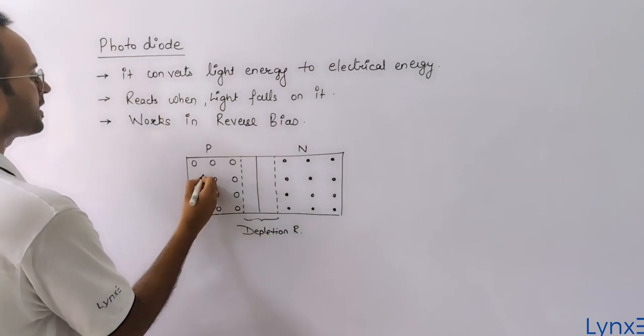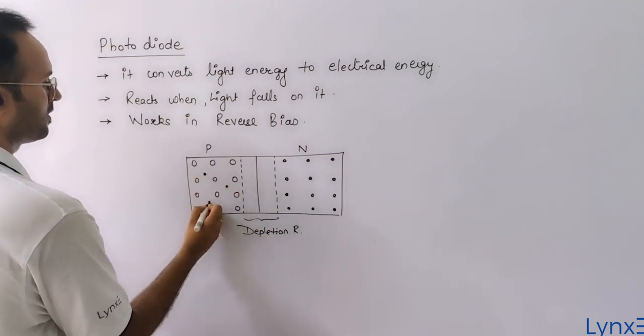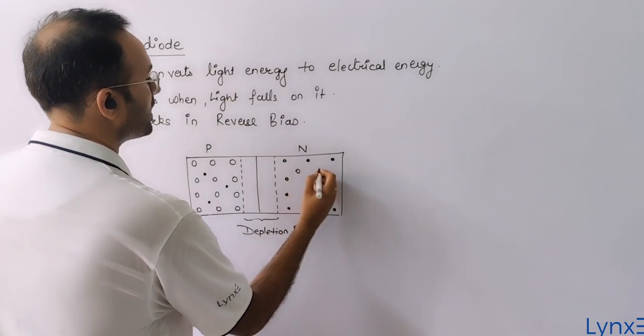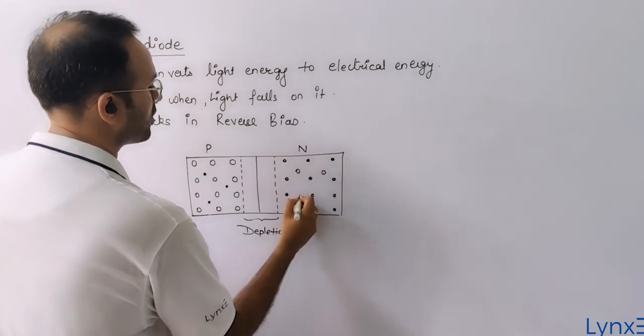The minority carriers will be electrons on the P side and holes on the N side.